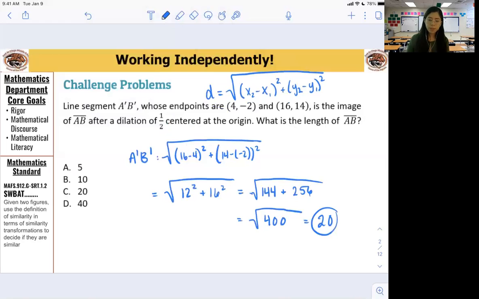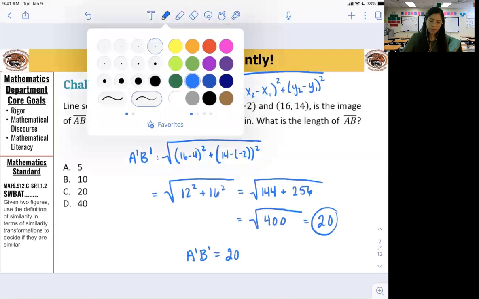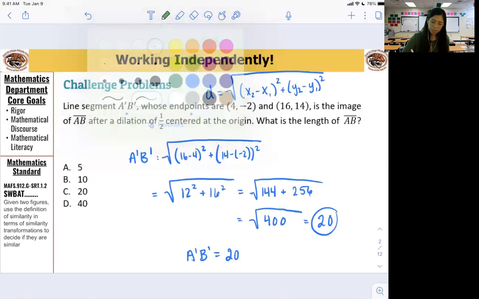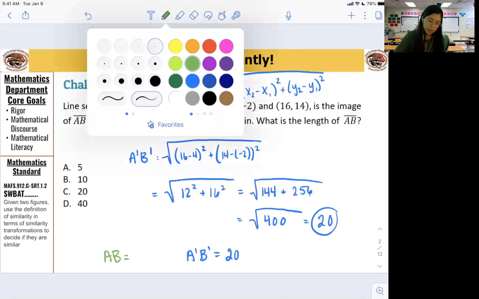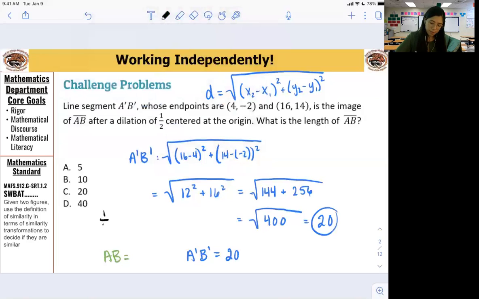We found A prime B prime. But we need to know AB. And what's the relationship between AB and AB prime? 1/2 of AB is AB prime. So if AB prime is 20, what's the original?